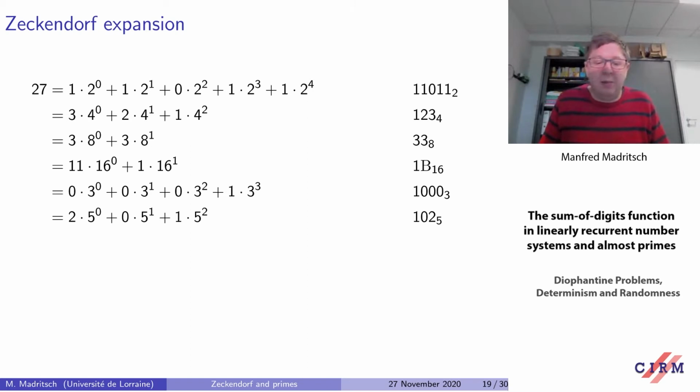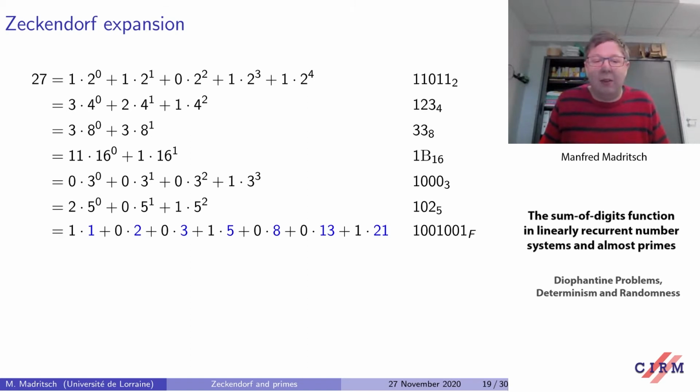Yes, we could try. If you take the Fibonacci sequence, the favorite sequence that is not a power sequence, then you have the numbers 1, 2, 3, 5, and so on, and then you get the following representation for 27. It's 1 times 21, 1 times 5, and 1 times 1.